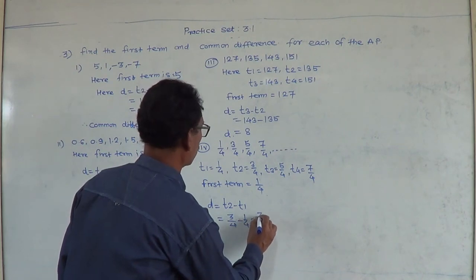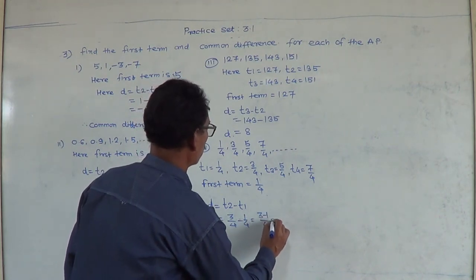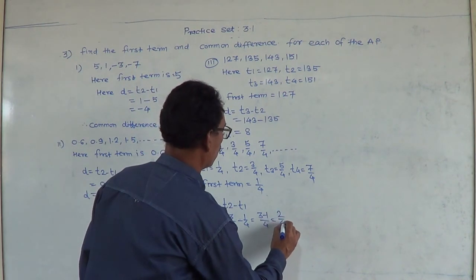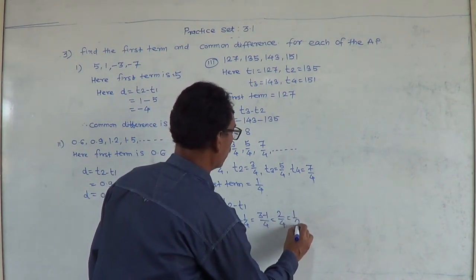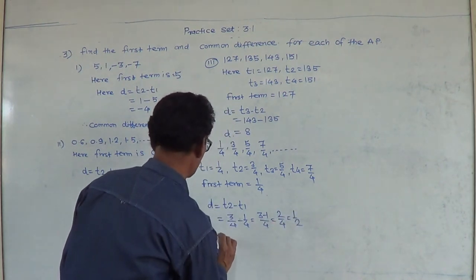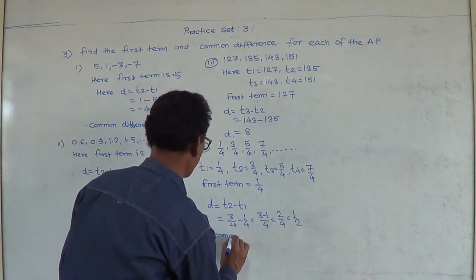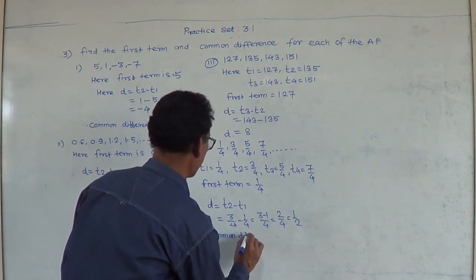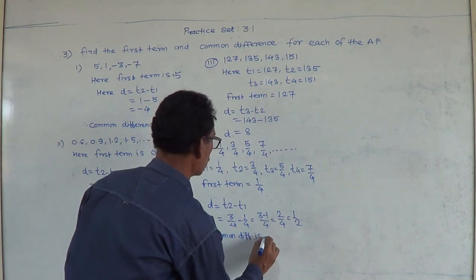So 3 minus 1 upon 4. So answer will be 2 by 4, and that is 1 by 2. So common difference is 1 upon 2.